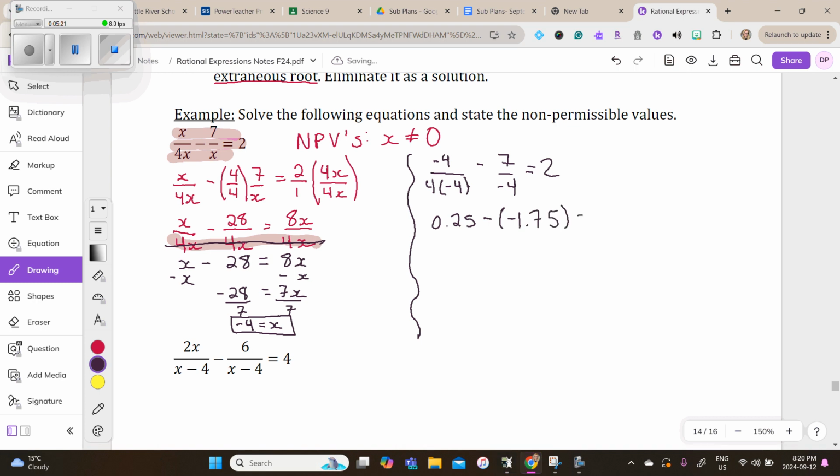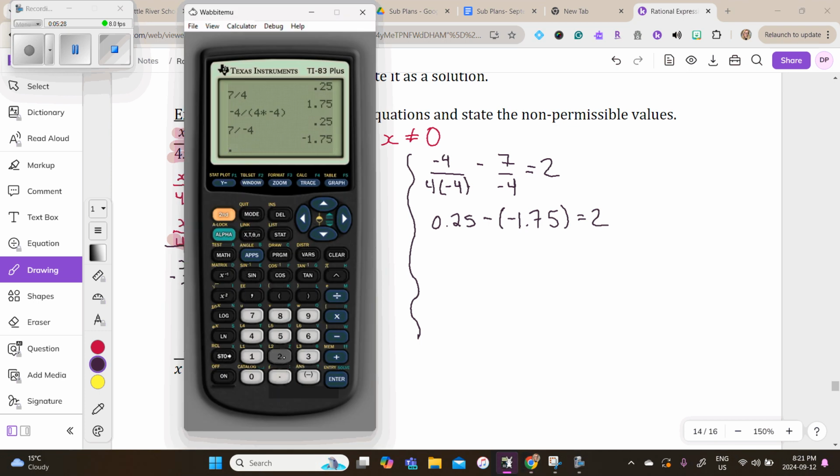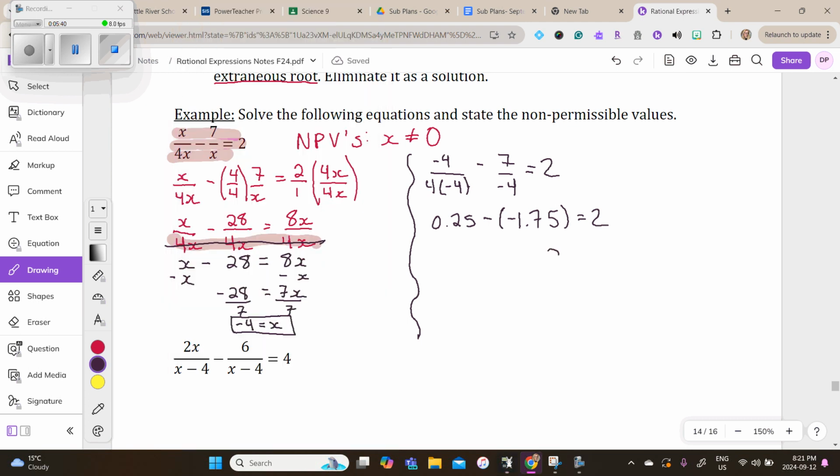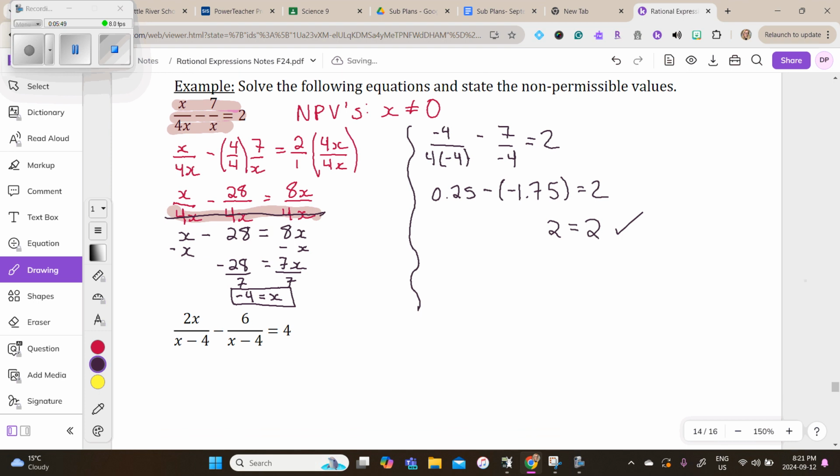And then the last step is subtract to make sure that in fact does equal 2. 0.25 minus negative 1.75 gives me 2. Great. That's one reason why I like this last lesson the best, it's easier to know if you for sure got it right. Okay, let's move on to a binomial example.